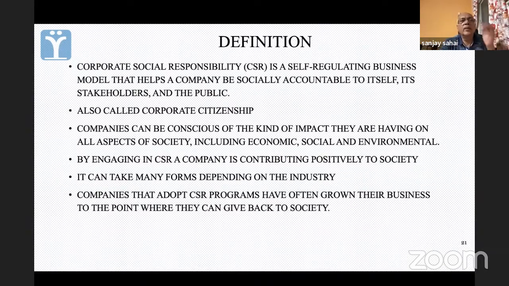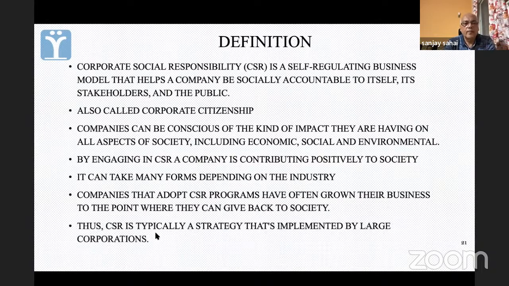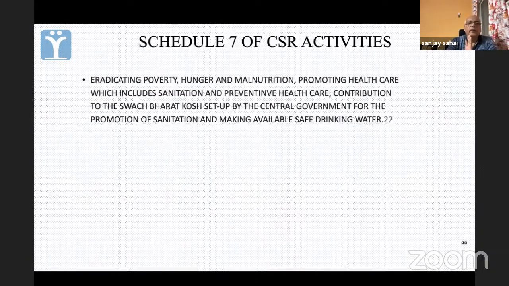If I'm a small company right now, for me it is a question of existence. Obviously, at this stage, I'm not expecting the company to give back things. So it is typically a strategy implemented by large corporations, is one part. Now, there is a schedule of CSR activities.